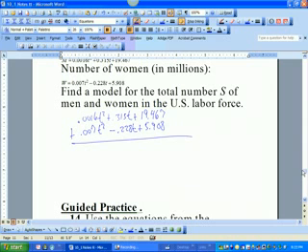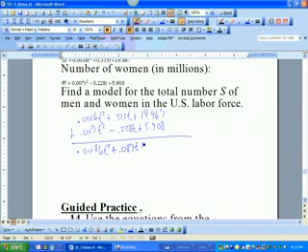So 0.0086t squared, keep the exponents the same. And then plus, if I take 0.315 minus 0.228, I would get 0.087t.